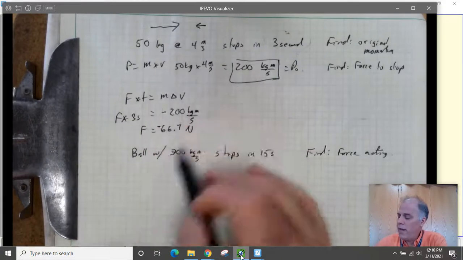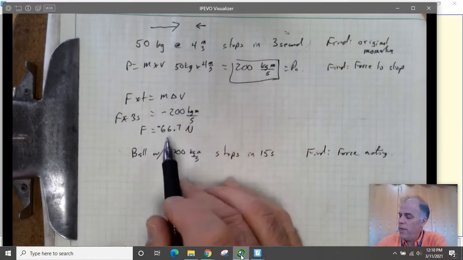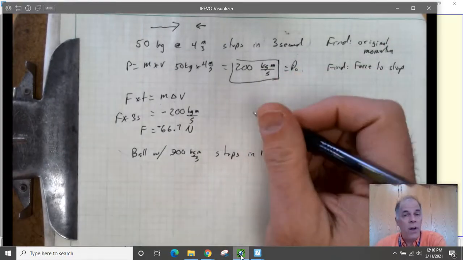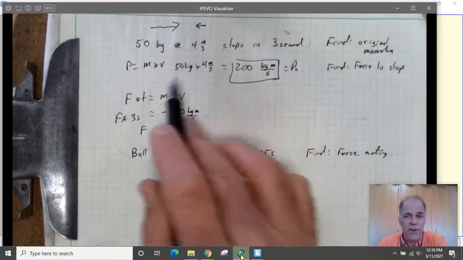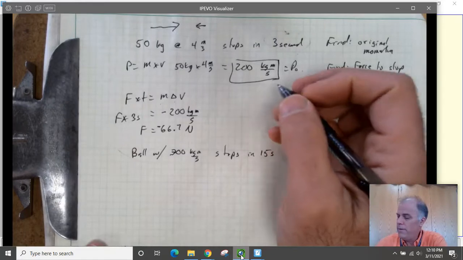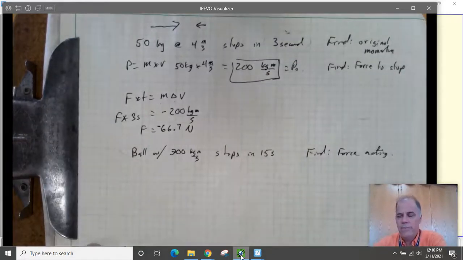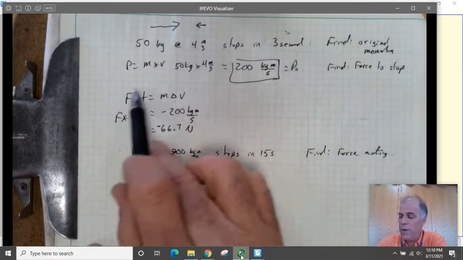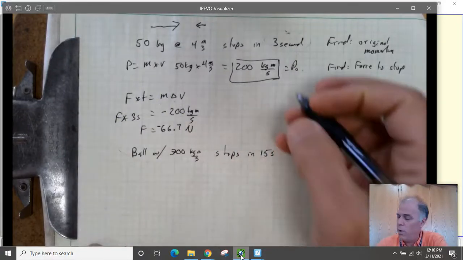Okay, so in this case, we figured out the change in momentum, and then figured out how much force it would take. Now, we can also just skip this first step and use the impulse equation right from the word go.